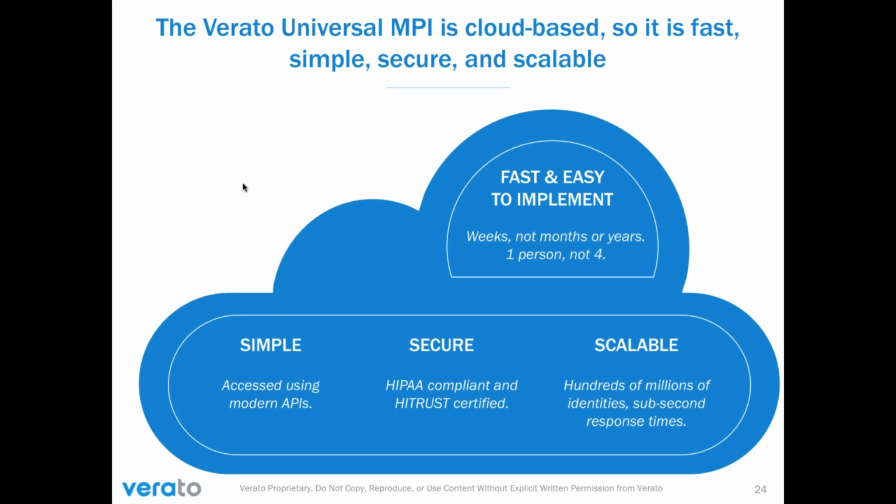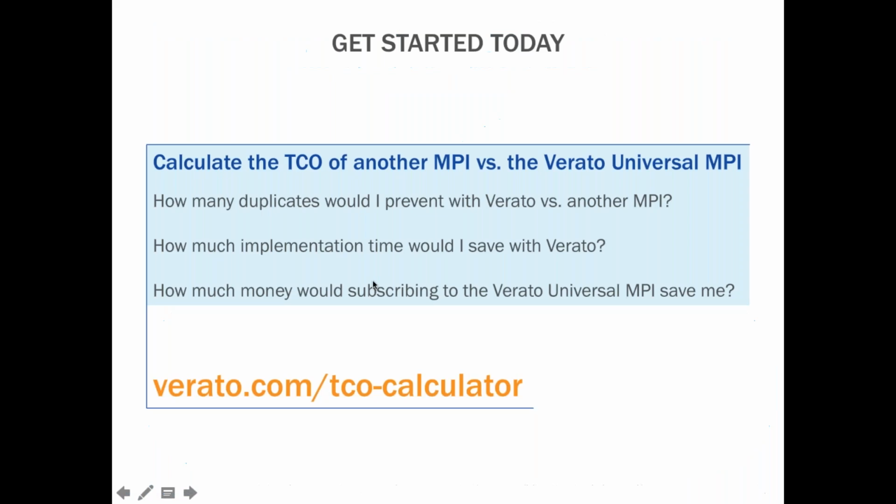If you think about simple scalability and performance issues, if you have a reasonably sized MPI implementation, those things themselves could be a 2 or 3 month project to get your database and your application server and all that tuned to meet the needs you have. With the cloud offering we have, it just happens out of the box. We manage that, and those are additional costs that you simply don't incur by going with this next generation approach.